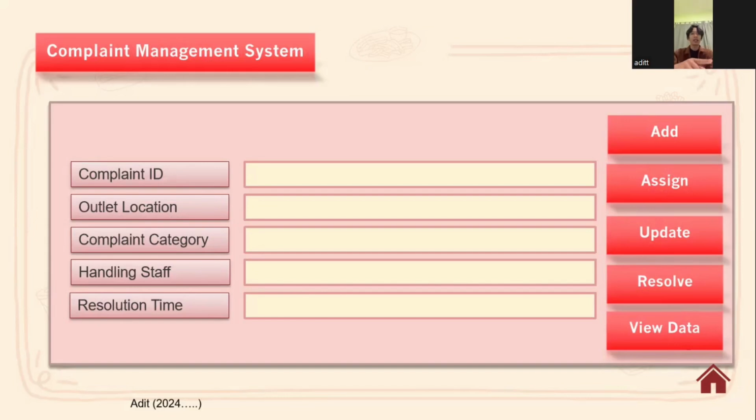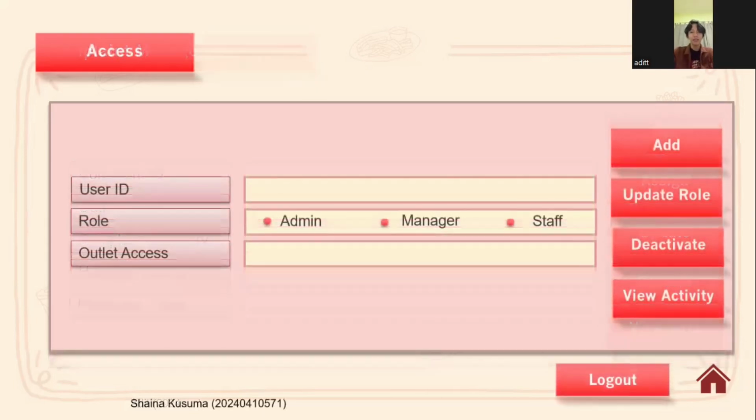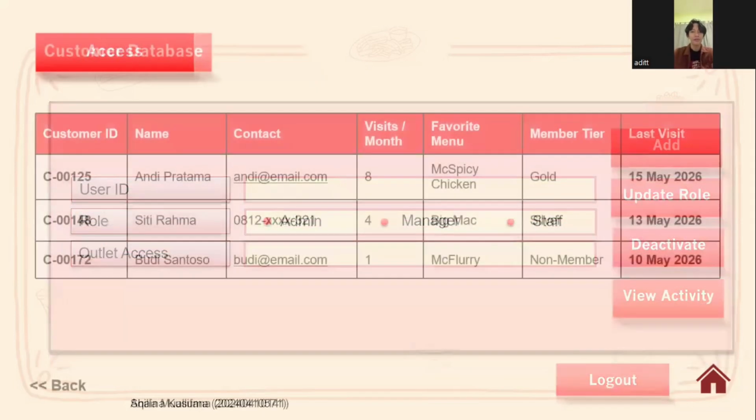You can put the complaint ID and the outlet location. You can type the complaint category and the handling staff, and the resolution time. You can add, assign, update, and resolve, and then clear.